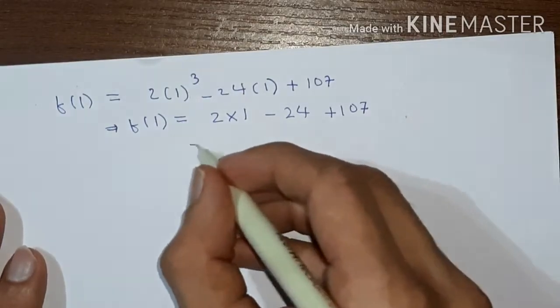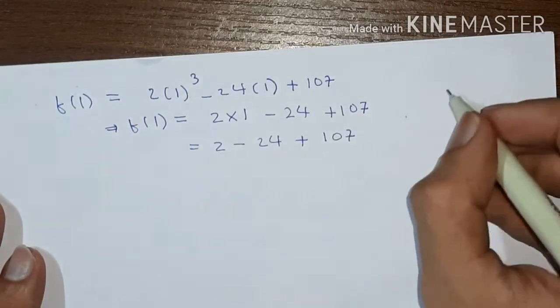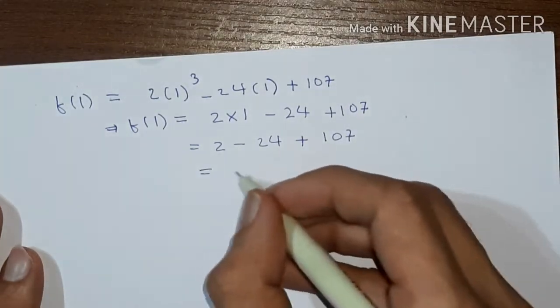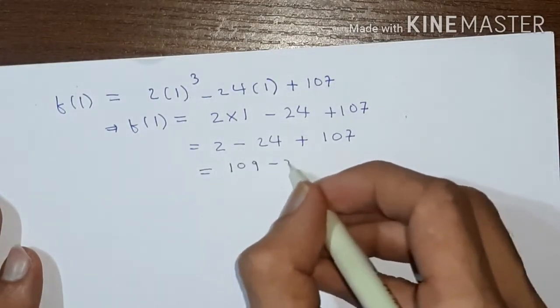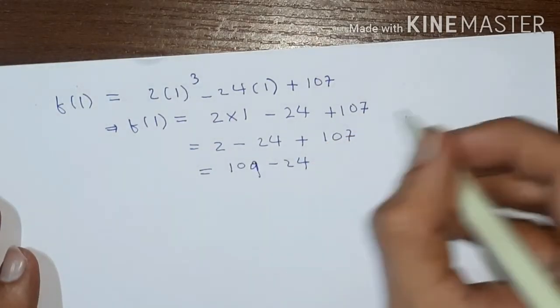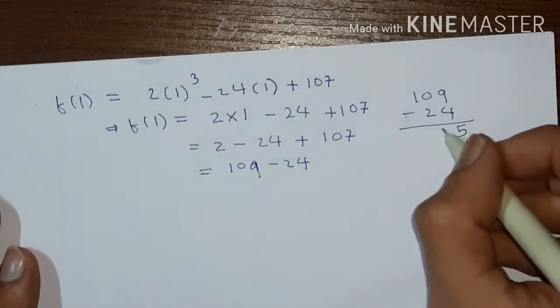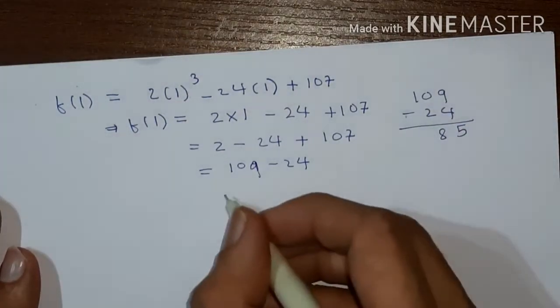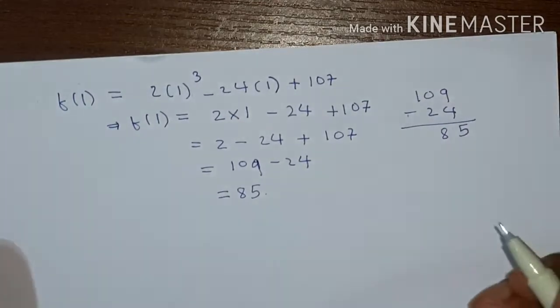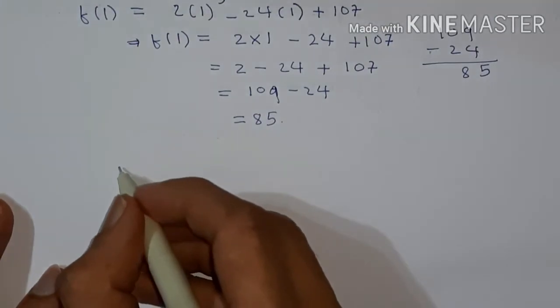That means 2 minus 24 plus 107, which is nothing but 109 minus 24. Let us see, 109 minus 24, so 5, and 10 minus 2 is 8, so 85 you are getting. This is the value at the left endpoint.